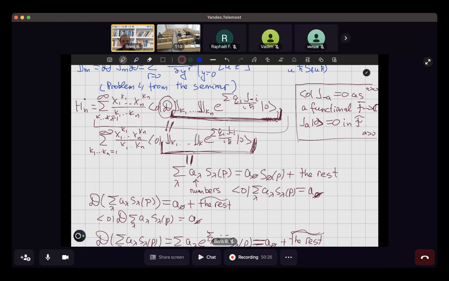So I will write it as a product. So we have the covacuum, product over k from 1 to n, and these j's.